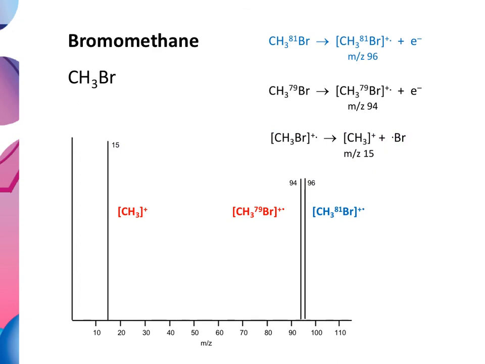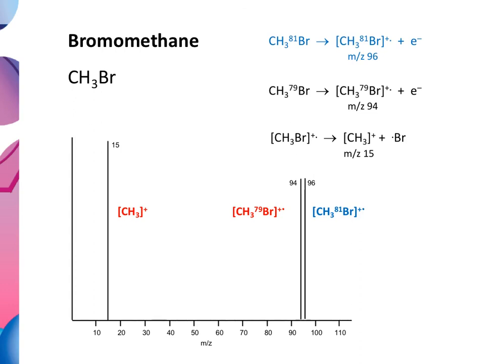So this is just a very simple molecule, bromomethane. Bromomethane could have a bromine 81 or a bromine 79. So we could have two very different MRs. We could have an MR of 96 and an MR of 94. Of course, if we were doing this just on a molar basis, we would have an MR of 95 because we would have used the relative atomic mass.